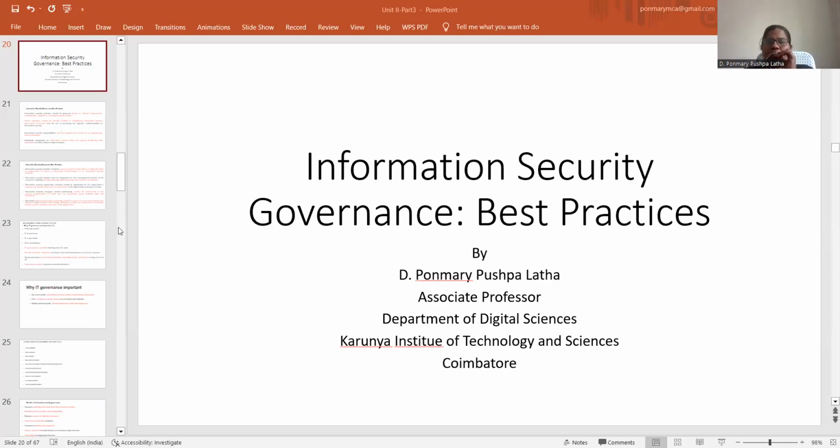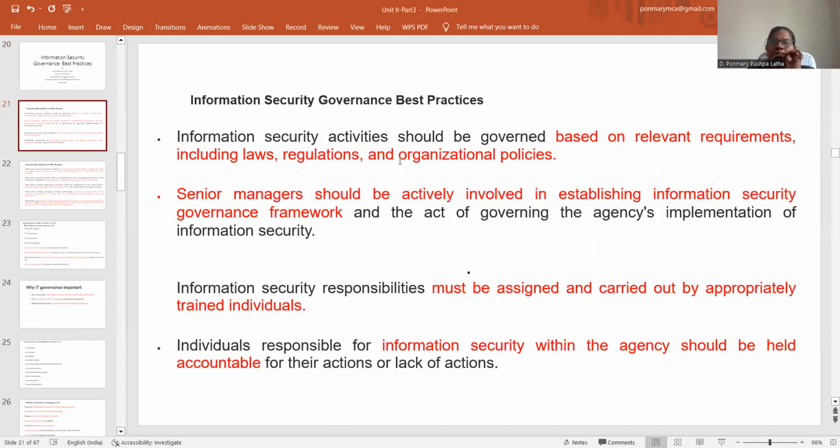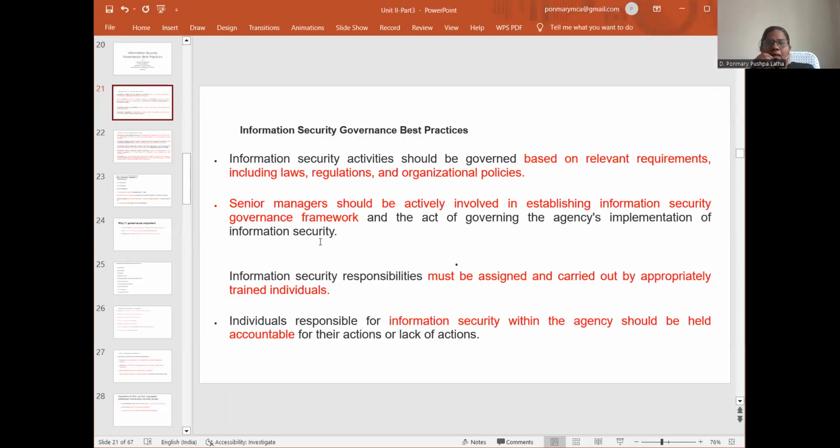Students, today's class we are going to talk about the information security governance best practices. Information security governance should follow the laws, regulations, and the policies.